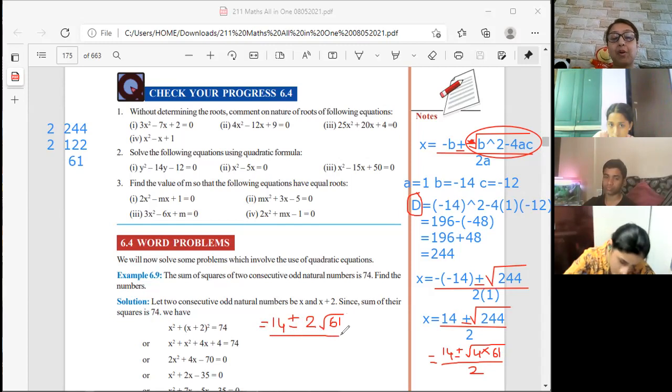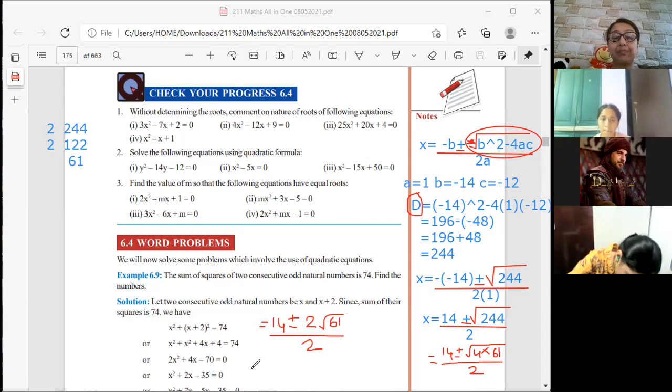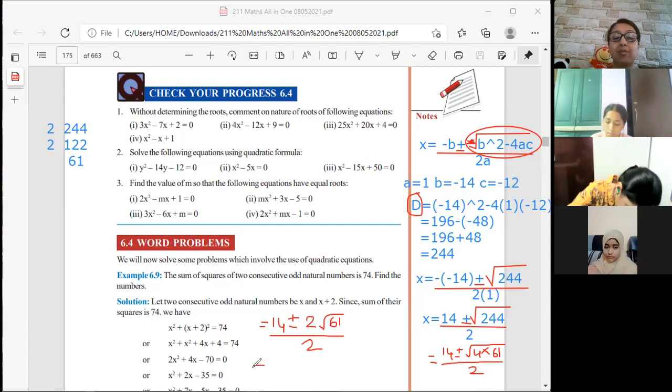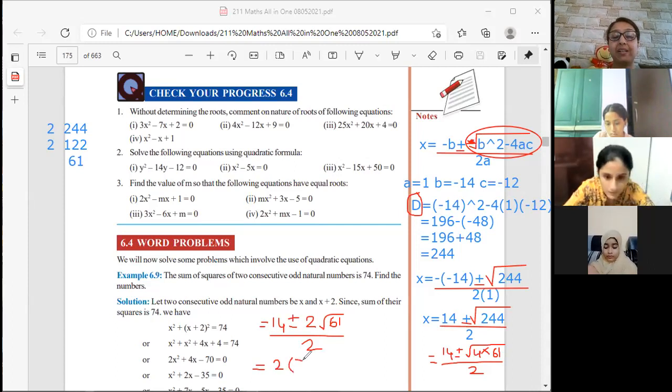Upon 2. Now what I will do is, out of the first 2, I am going to take 2 common outside. Now when I take 2 common outside, what am I going to get? 2. Then in bracket, I'm going to get 7.